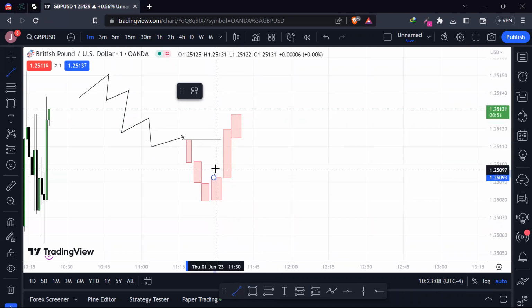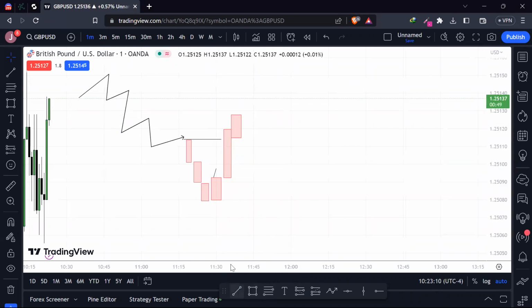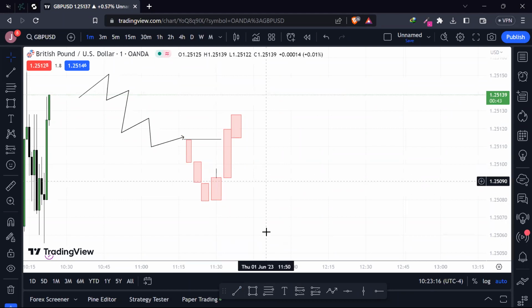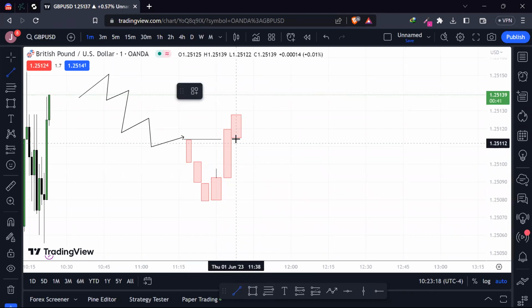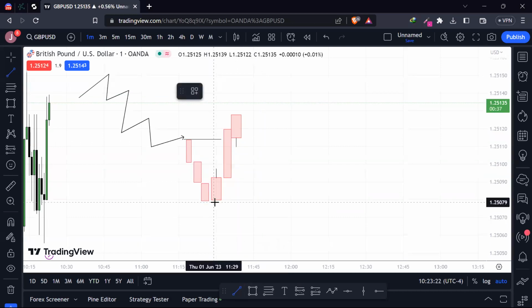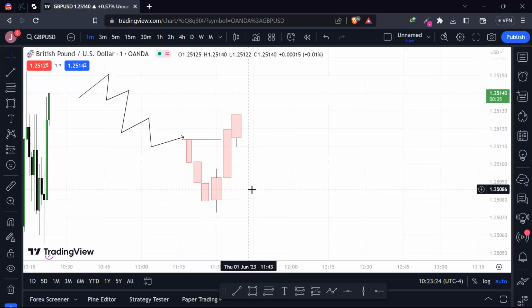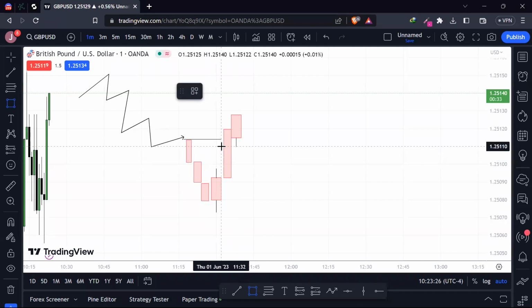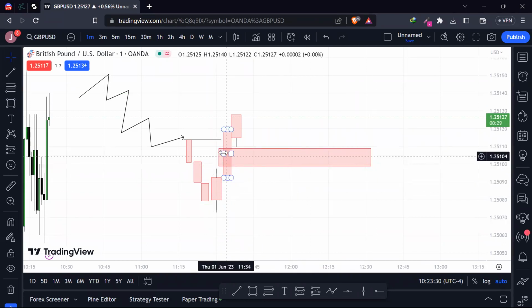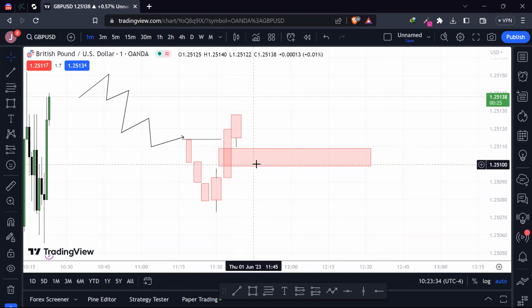I'll draw you some wicks also here. And this part right here, where the wicks are not filled in, is the fair value gap, FVG.